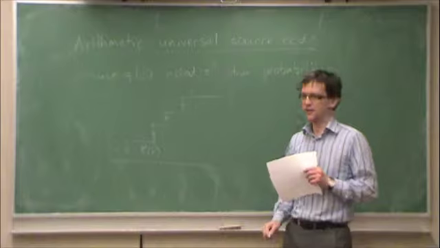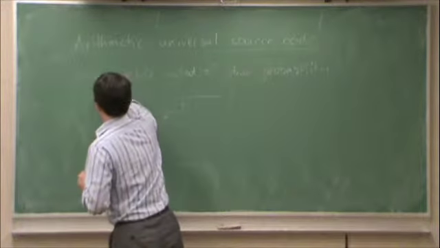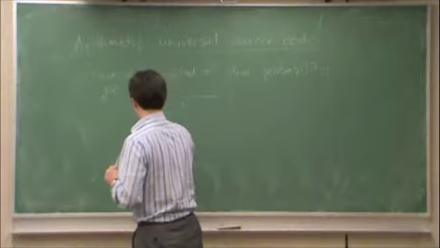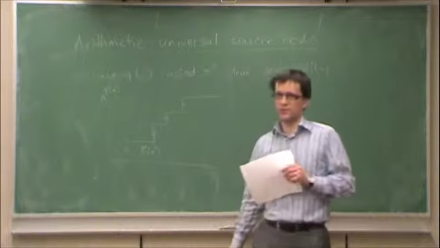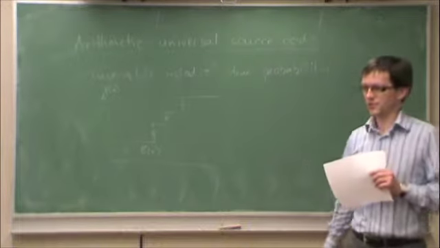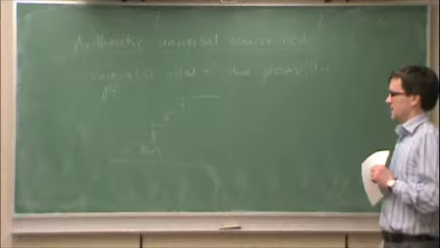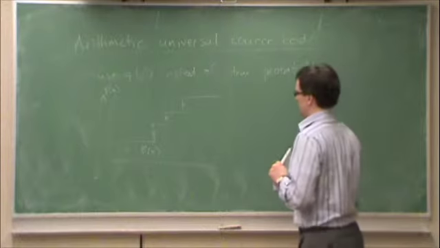The cumulative distribution function is F of x. F bar of x, if I take these vertical intervals, is the halfway point of each of these intervals. So we've shown that, if you know the probabilities, this produces a code that performs within 2 bits of entropy.